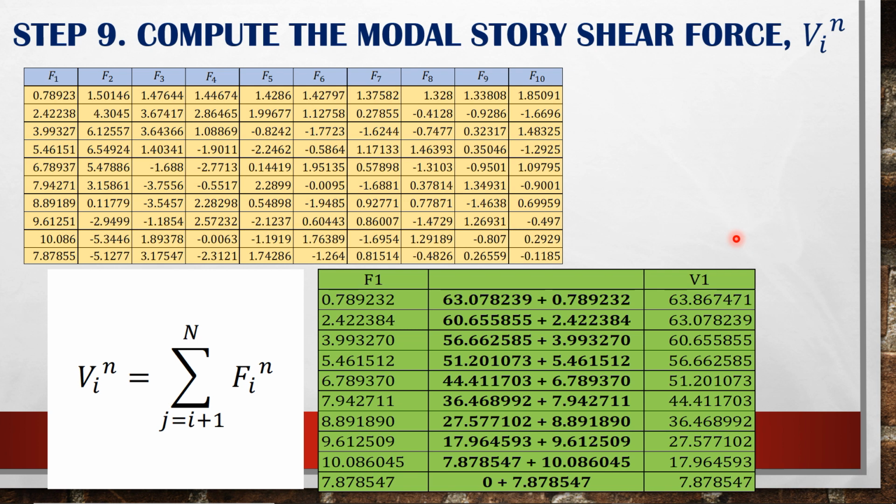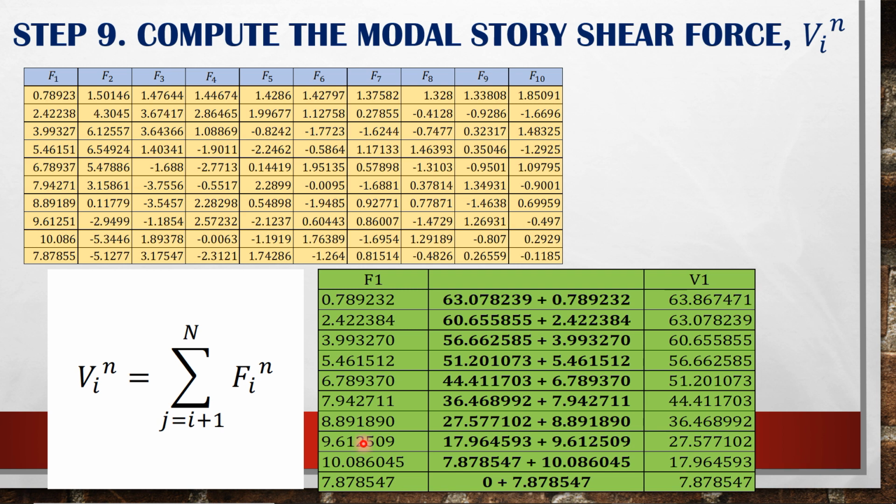For 9th floor, so, i-add lang natin itong 7.878547 dito sa 9th floor na modal lateral force natin, which is 10.086045. So, ito na yung magiging formula natin o solution natin. Result, our modal storey shear force for 9th floor is 17.964593.